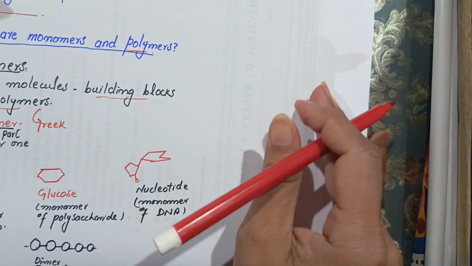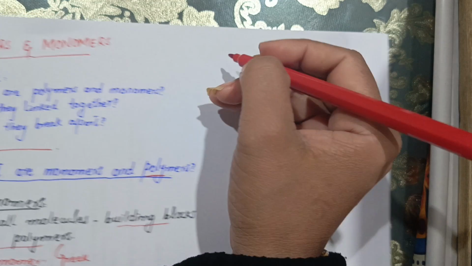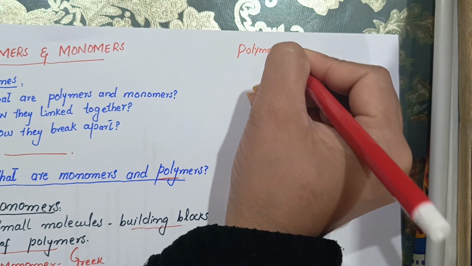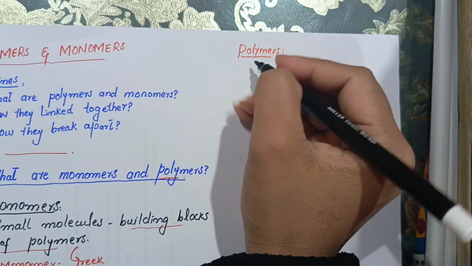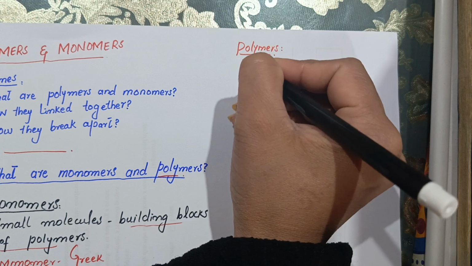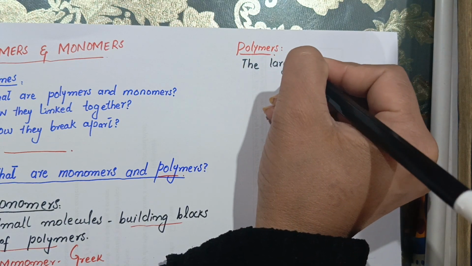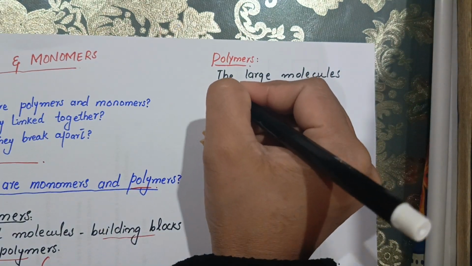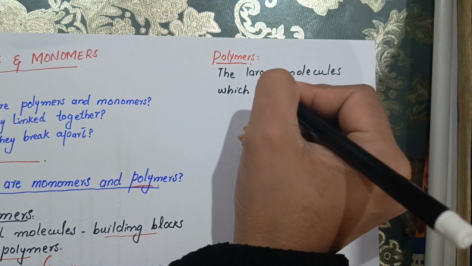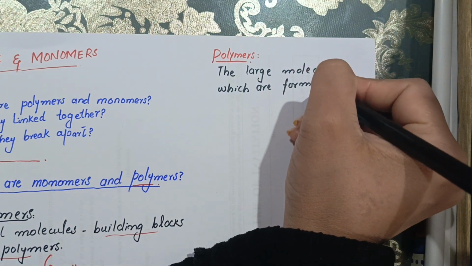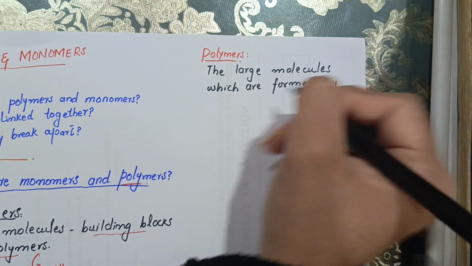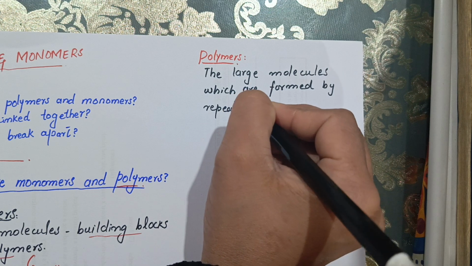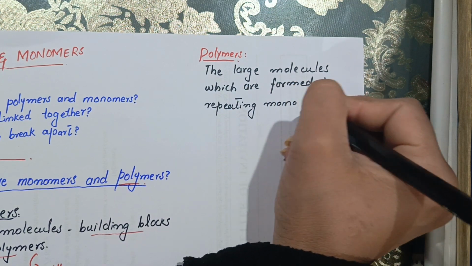Now we discuss the polymers. What are the polymers? Polymers are actually large molecules which are formed by repeating monomers.